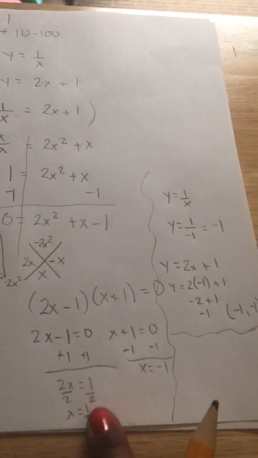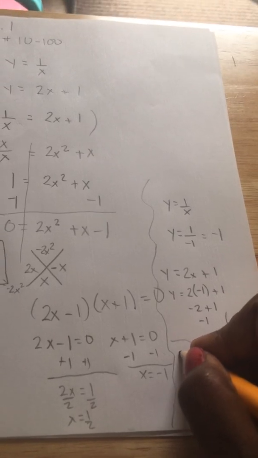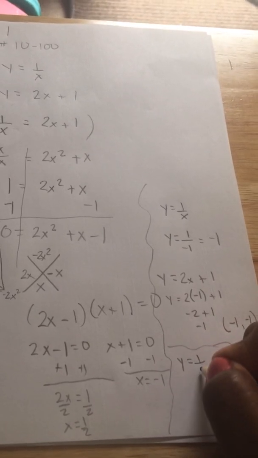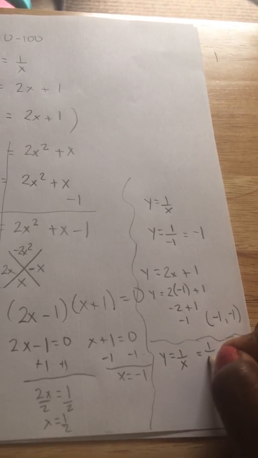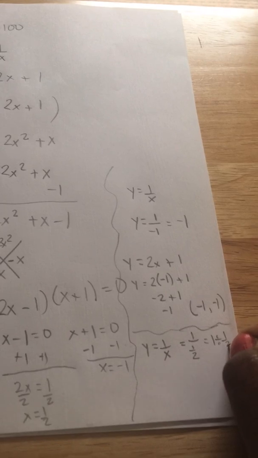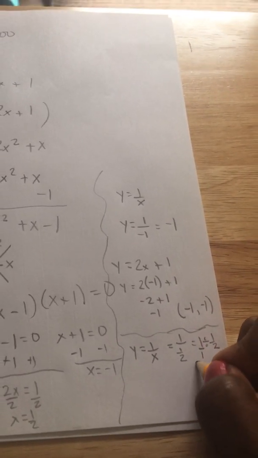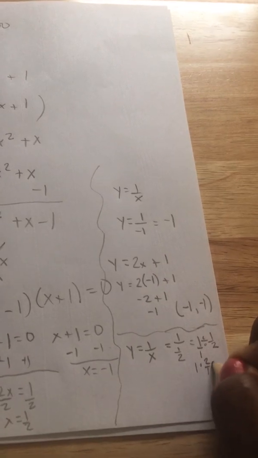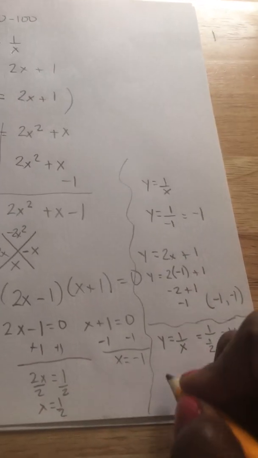Okay, now I'm going to test out the 1/2. So we have y equals 1 over x. I'm going to do it on one line. 1 over 1/2, which means 1 divided by 1/2, okay? Or 1 over 1, which changes to 1 times 2 over 1 equals 2. And we could plug that 1/2 into the other equation.